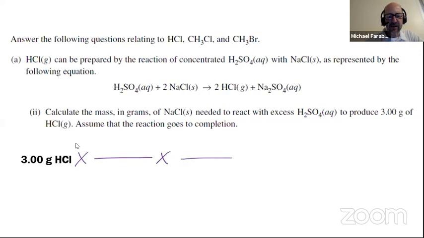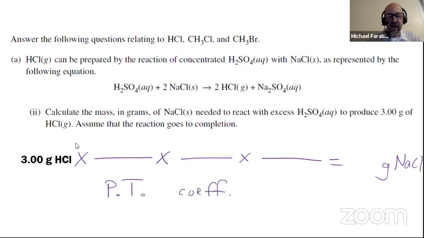And that typically is done to go from grams of one chemical to grams of another. You're going to use what I would call the periodic table, followed by the coefficients, and then followed by the periodic table. So what I mean by that is you're going to have to use the molar mass.